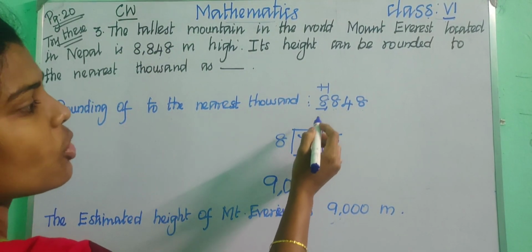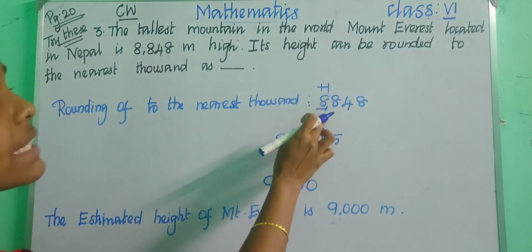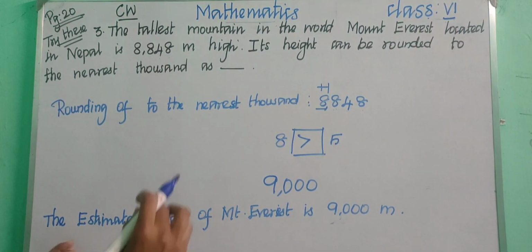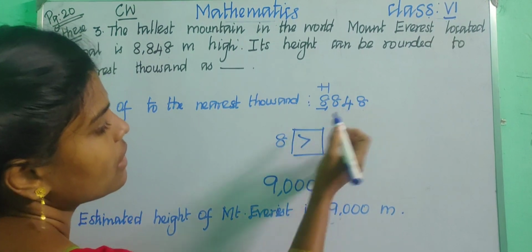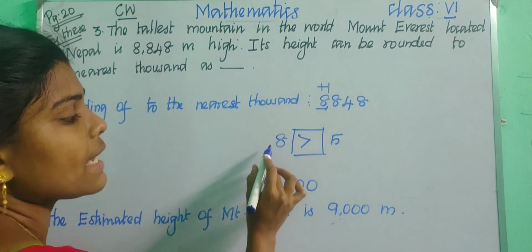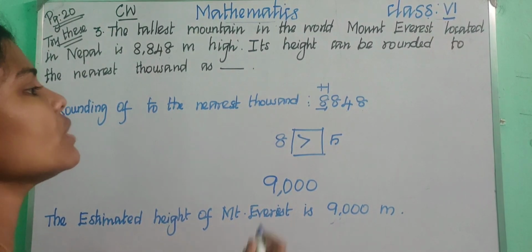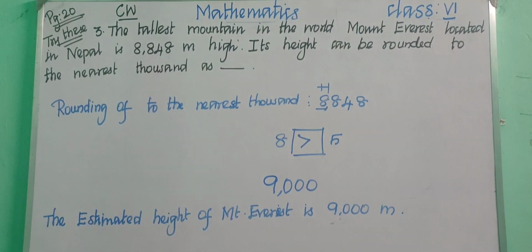As the next step, we just took the next number which we are going to round off. நம்ம round off பண்ண போறதுக்கு next number நம்ம எடுத்துக்கிட்டோம். This 8, we are going to check whether it is greater than or less than 5. It is greater than 5, right? So we just add plus 1, so that we got 9,000. So the estimated height of Mount Everest is 9,000 meter.